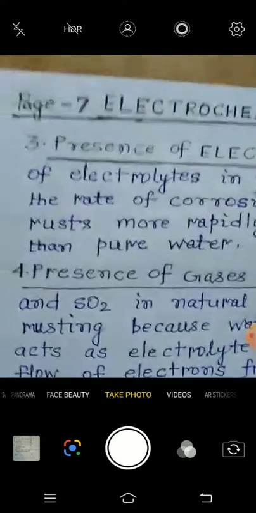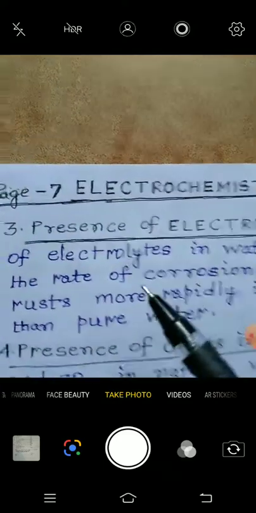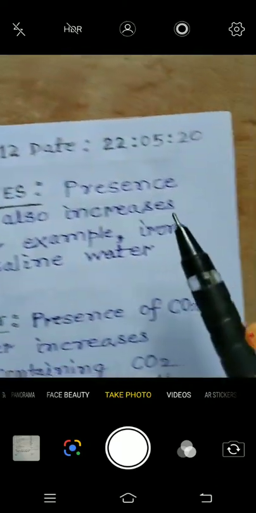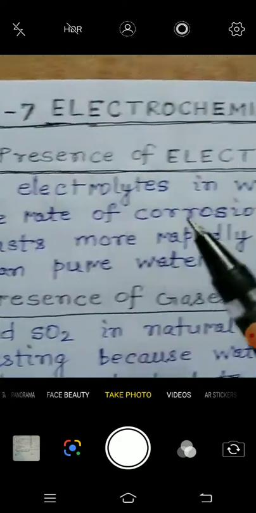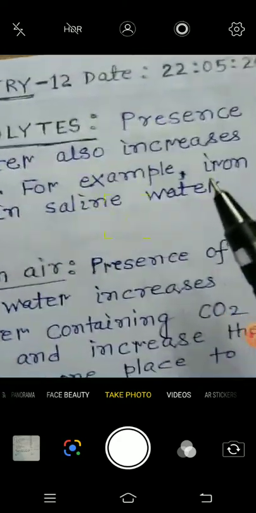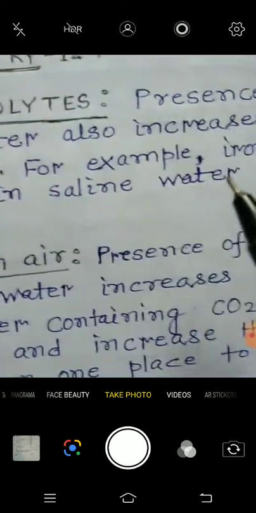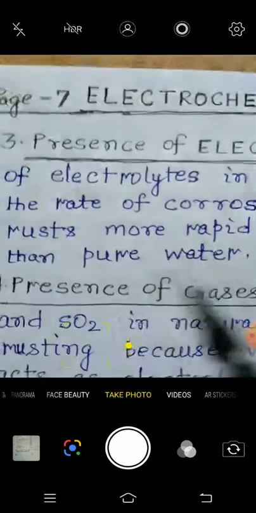The third point which favors corrosion is the presence of electrolytes. Presence of electrolytes in water also increases the rate of corrosion. For example, iron rusts more rapidly in saline water than in pure water.